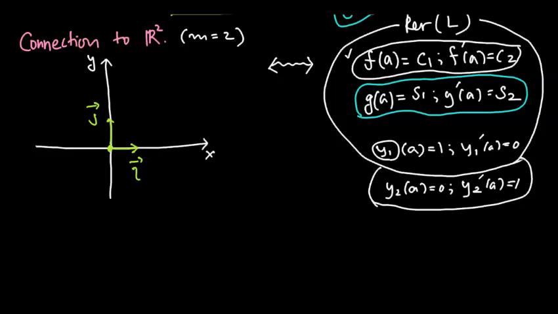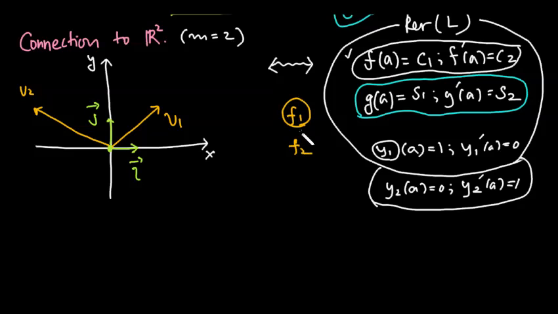I'm going to sketch it here. For example, suppose we have the v1 vector, not necessarily parallel to i or j, and suppose we have something else here, longer, and this is the second vector v2. Suppose we have these two functions f1 and f2 in this world, in the kernel.